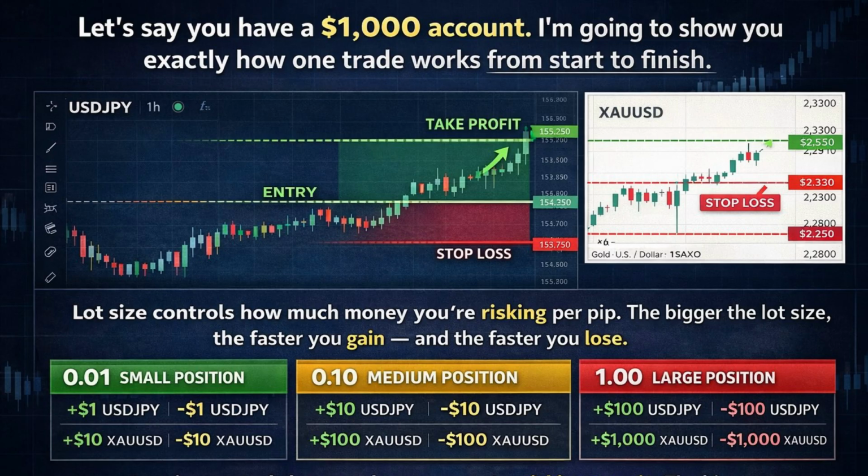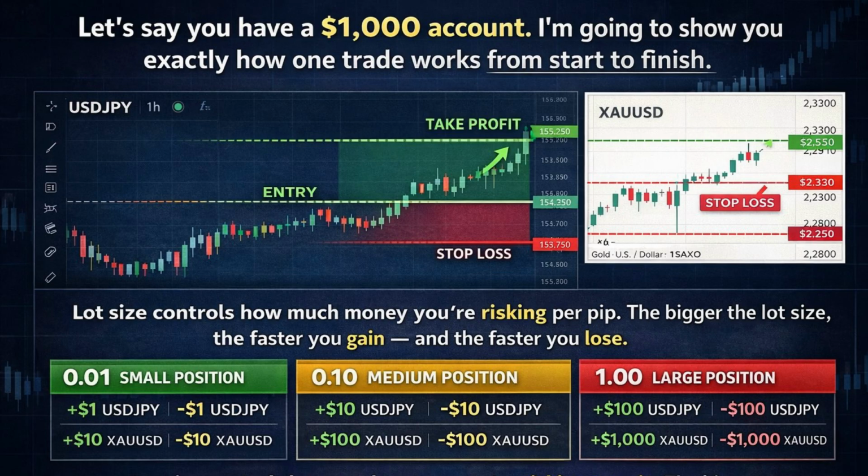On USD JPY, for each pip, it's 1-to-1. On XAU USD, which is gold, each tick is going to be 10 pips. So just keep that in mind when I'm explaining this chart at the bottom.